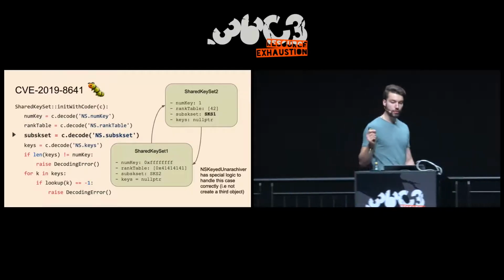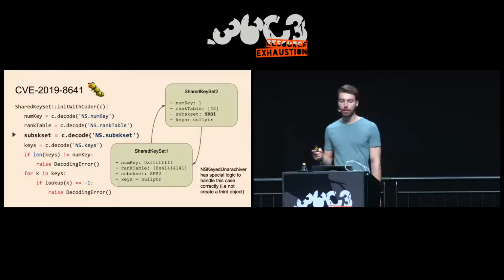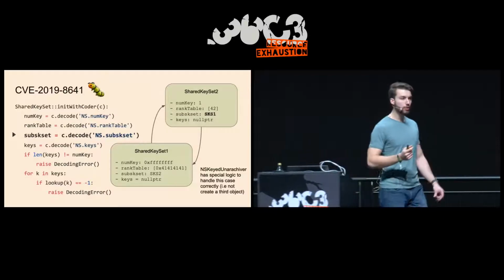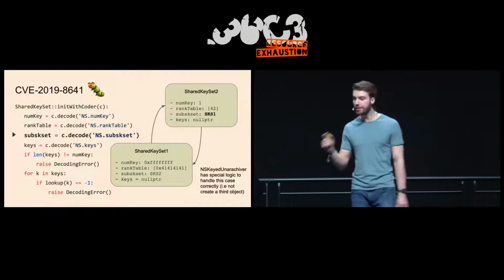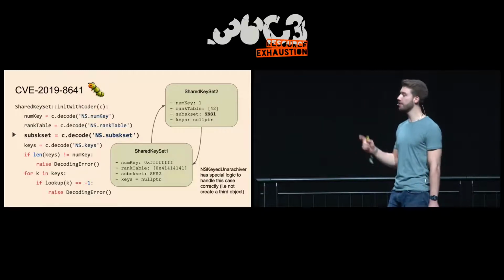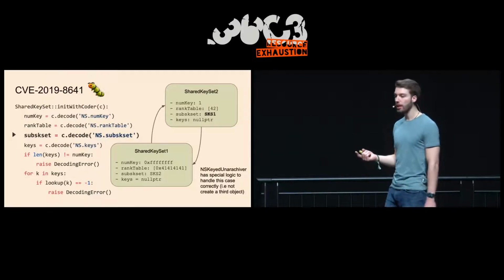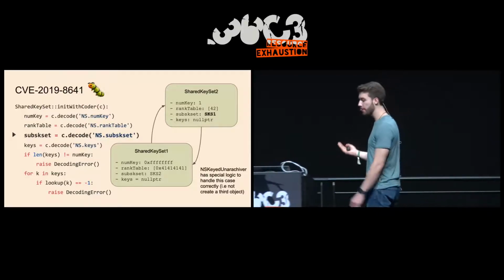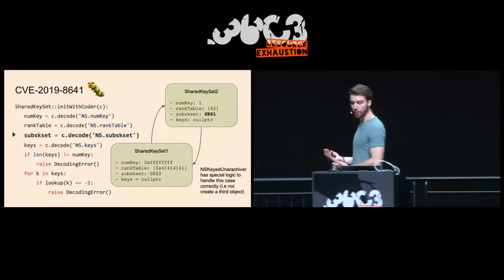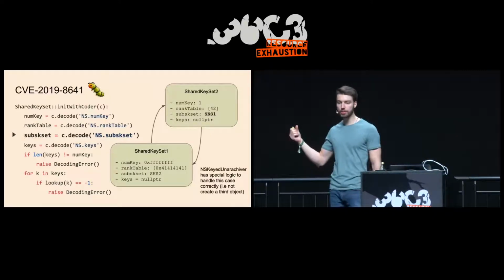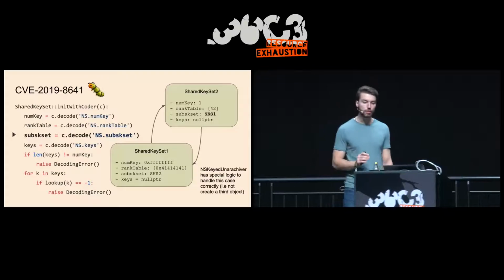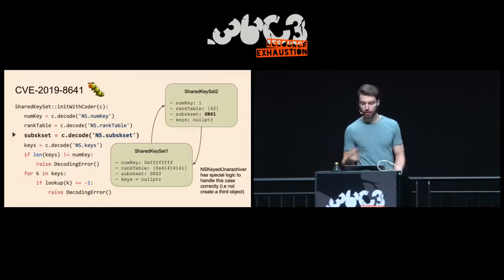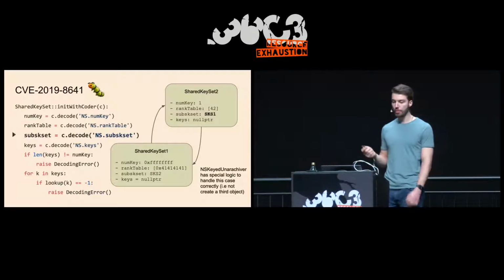And here we are making a circle. So for shared key set 2, we pretend that its sub-key set is shared key set 1. And this actually works. So the NSKeyedUnarchiver has special handling to handle this correctly. So it does not create a third object, and it makes the cycle, and we're good to go.